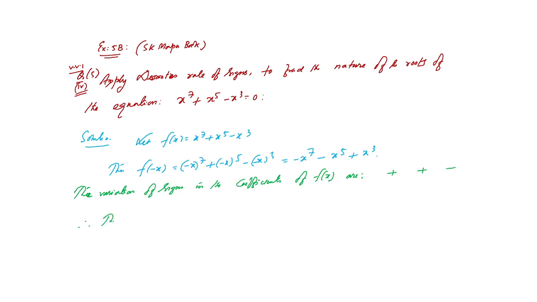So therefore, there is only one variation of sign. And hence we say that the number of positive real roots is 1.